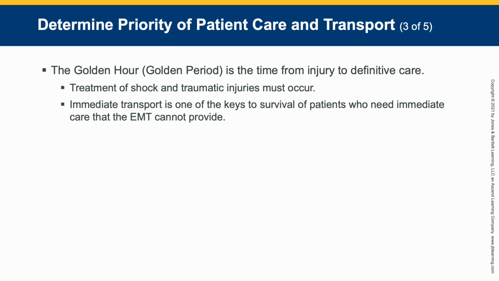That doesn't mean spend 60 minutes on scene. It means that everything from dispatch to hospital arrival needs to happen efficiently, okay? So time is essentially tissue, especially in our trauma cases. So don't waste it on unnecessary procedures at the scene if they can be done en route to that definitive care.